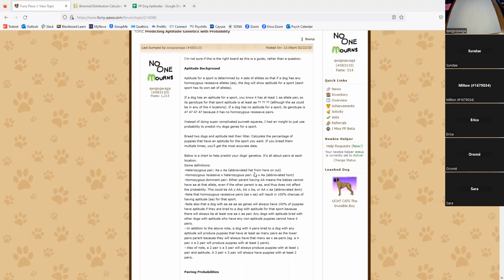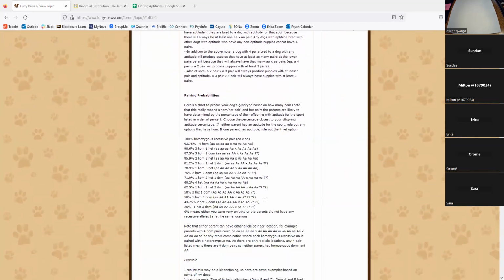You're gonna get better, more consistent results if you have more puppies, and you want to just keep track of how many puppies there were in total and how many of them had the aptitude that you wanted. And then we can use probability to figure out what the most likely genes are for the parents, and then sometimes also the puppies. And there's a lot of chance involved, so you might do it more or less strict than I do, but I'm just going to go through how I use this.